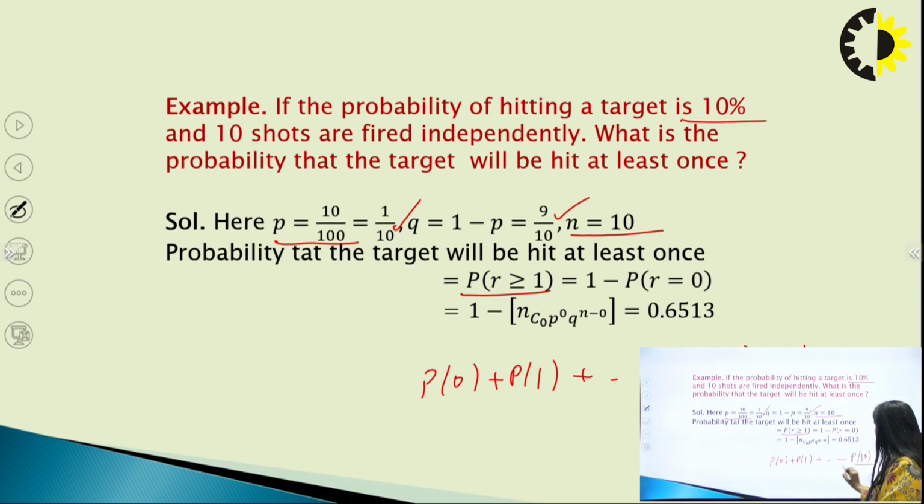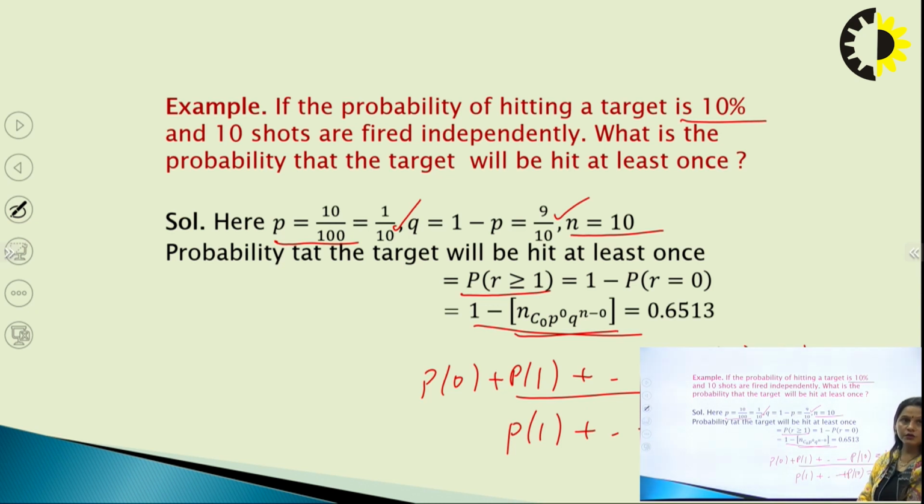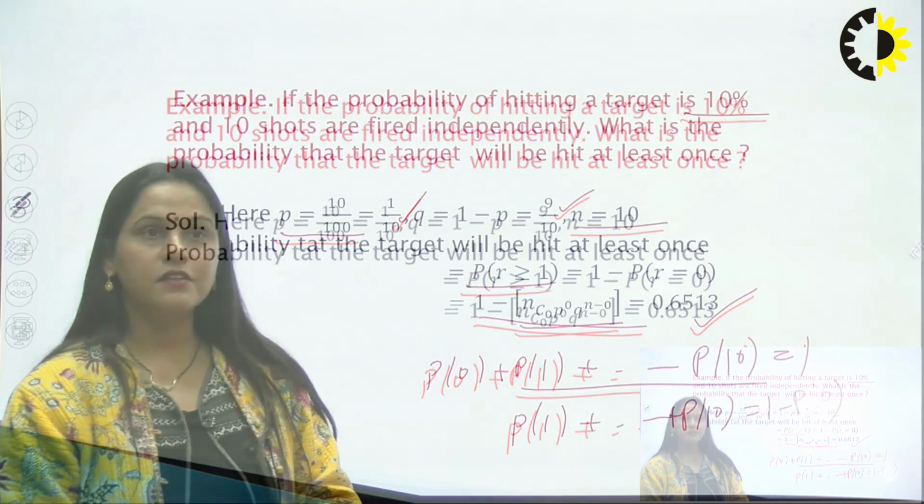What we want is the probability from P1 to P10. Hence, the probability from P1 to P10 will become 1 minus P0 and then we can solve by using the formula for R equal to 0 and we will get the value of 0.651. So this was all about binomial distribution. Thank you so very much.